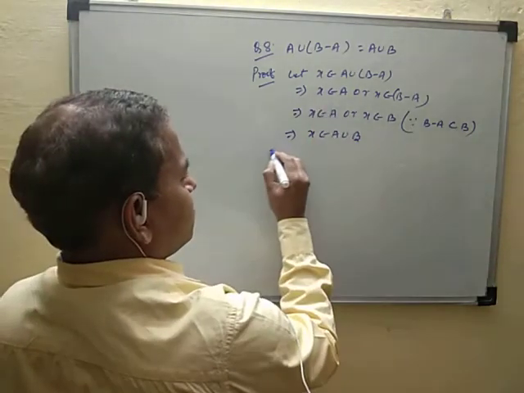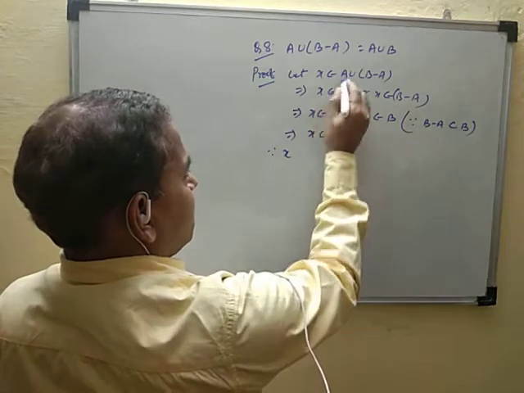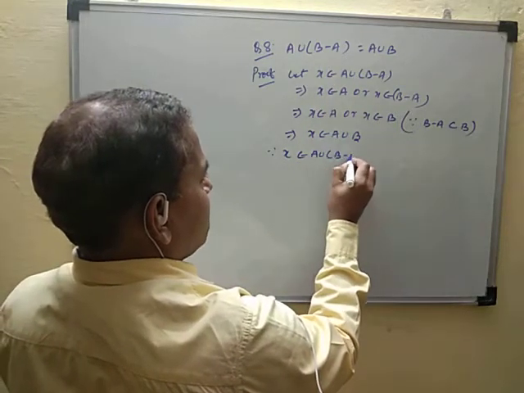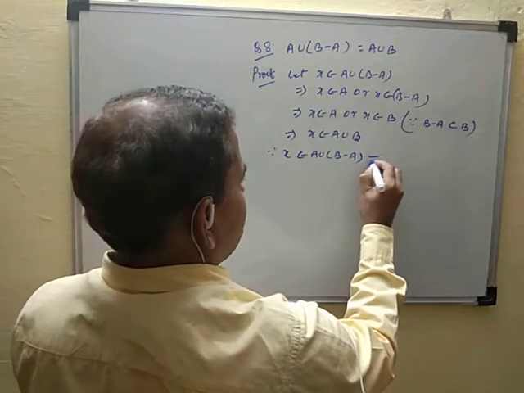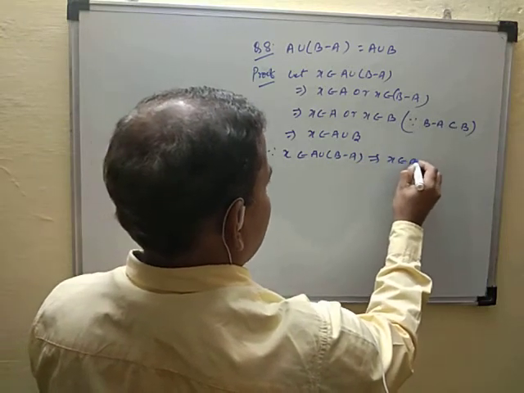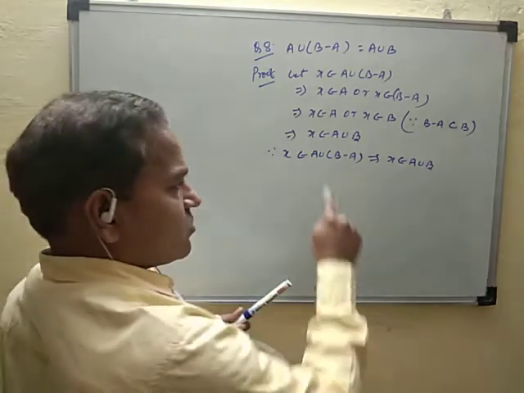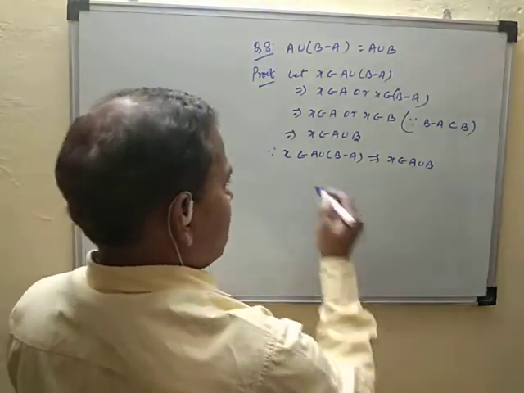Since X belongs to (A union B) minus A implies X belongs to A union B, this set is a subset of that.